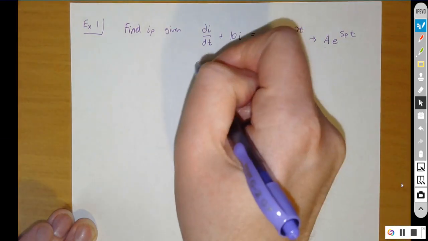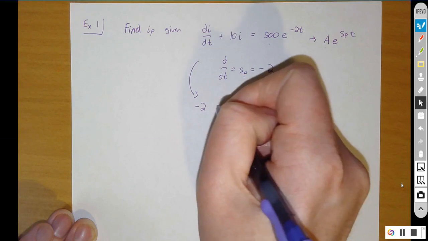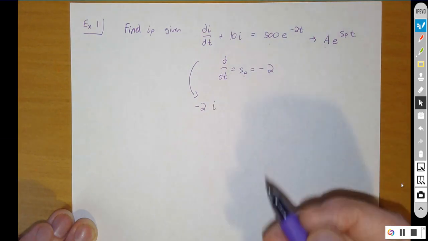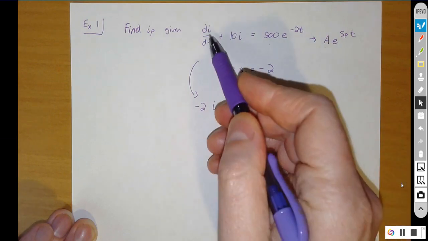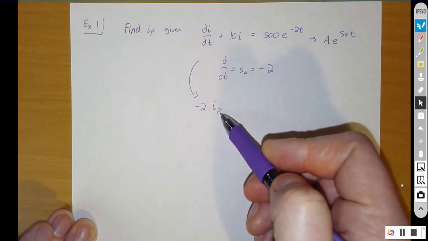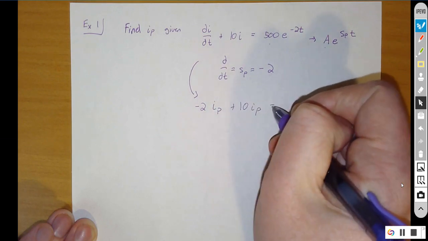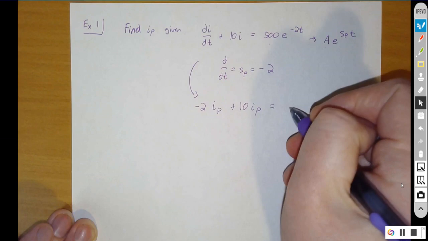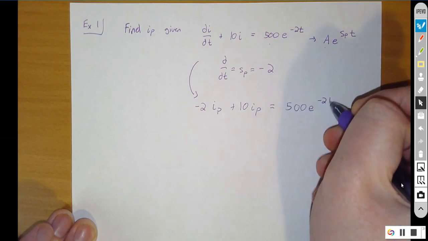If I sub that in, I will get negative 2I. Typically, to note what we're doing, we'll call this I particular. It is I up here, but because we're finding I particular, we note that this is I particular. Plus 10 I particular equal to the right-hand side, which we just leave alone, 500e to the negative 2t.